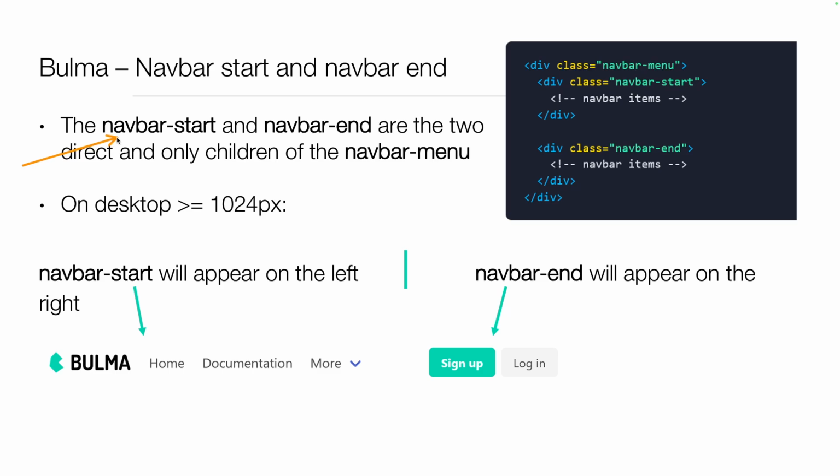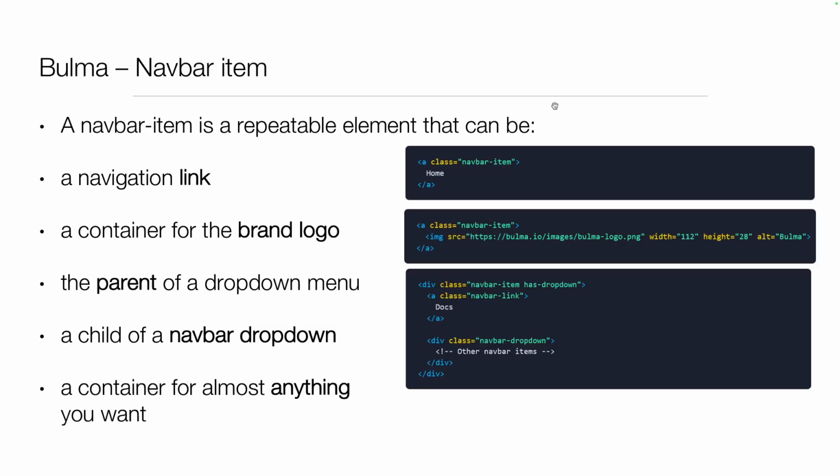So then we have the idea of a navbar start and an end. And the navbar start will appear on the left. So we have over here our home, documentation, and more. So that's our navbar items there. And a navbar end will appear on the right. So we have our buttons in there. So navbar items we can use links.